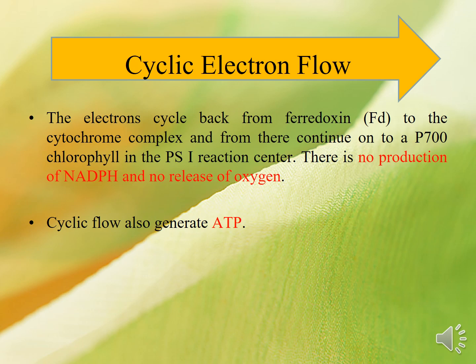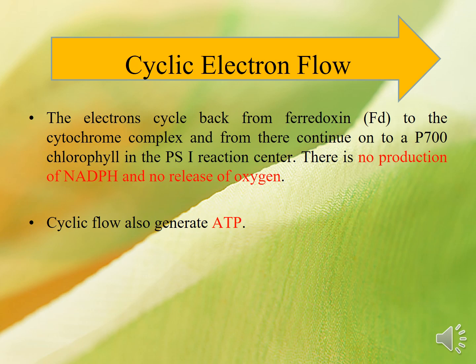Alright, now we look at the cyclic electron flow. This one is also one of the light reactions, because the light reaction has non-cyclic and it has the cyclic. So the cyclic reaction has a simple pathway, which always continues in a cycle shape.